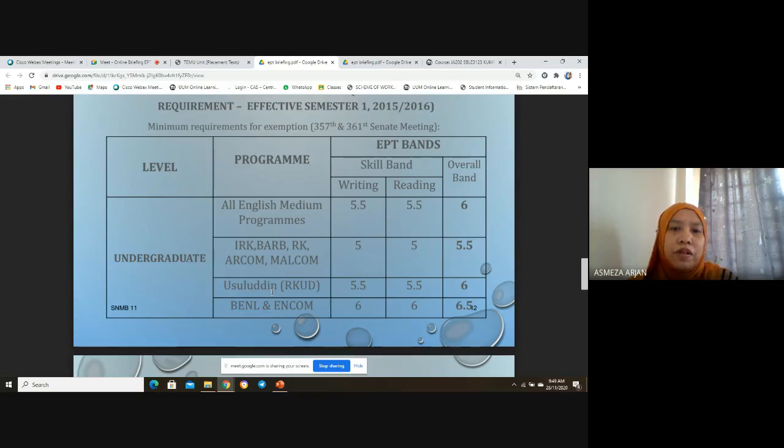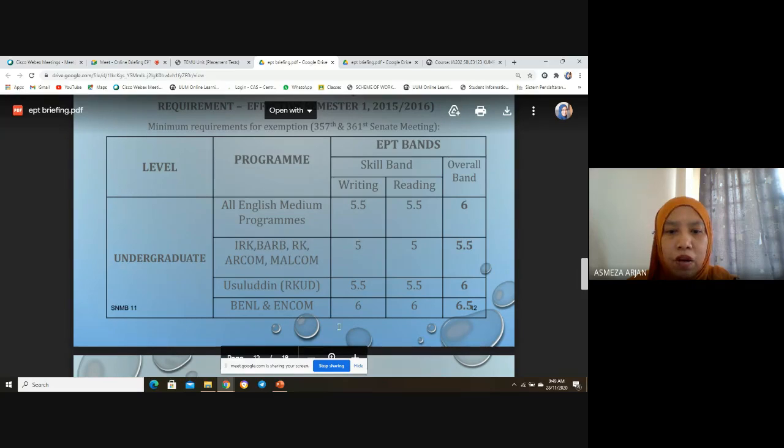So that's why the kuliah wants the Usuluddin students, the RQD students, to achieve similar to the English medium programs. You have to achieve 5.5 minimum for writing and reading, and band 6 in order to be exempted before you can proceed to your kuliah.